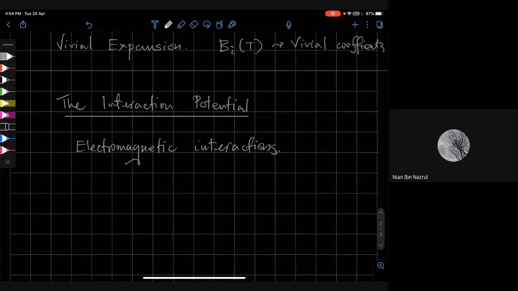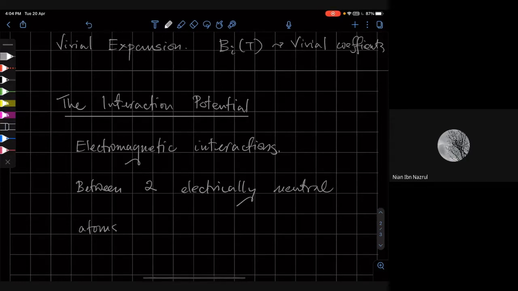So we are considering the electromagnetic interactions between, say, two electrically neutral atoms. So how do electrically neutral atoms interact with each other? Does anyone have any idea?